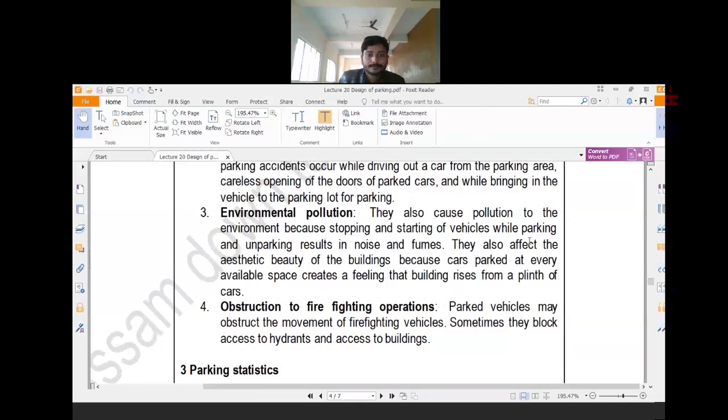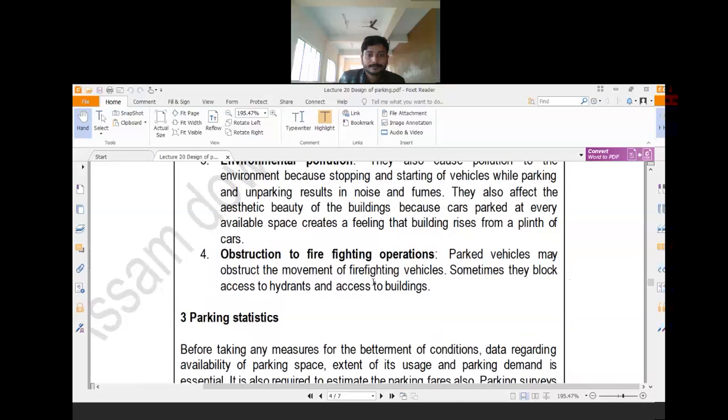Environmental pollution. For parking and unparking, you need to stop and start your vehicles, and huge maneuvering is also required, and you are creating congestion on the road, so it will create some environmental pollution for the area. And obstruction to firefighting operations.